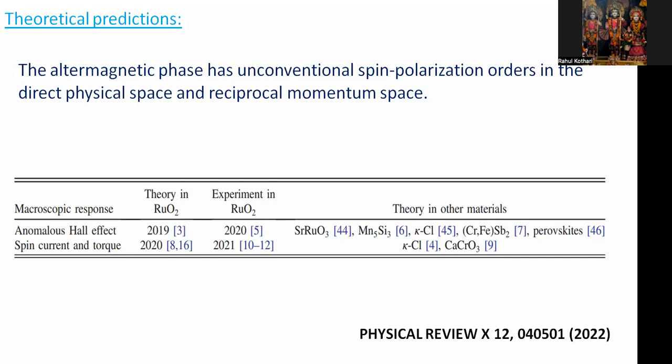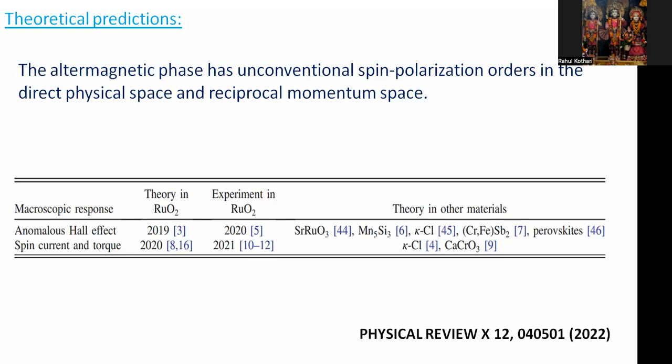But in altermagnetism, the two different sublattices cannot be transformed from one to another by any such symmetry operation. But a special kind of rotation, six-fold, four-fold, or whatever, may be able to transform from one phase to another. So the symmetry operation is rotation, not conventional translation or inversion. That's the difference.